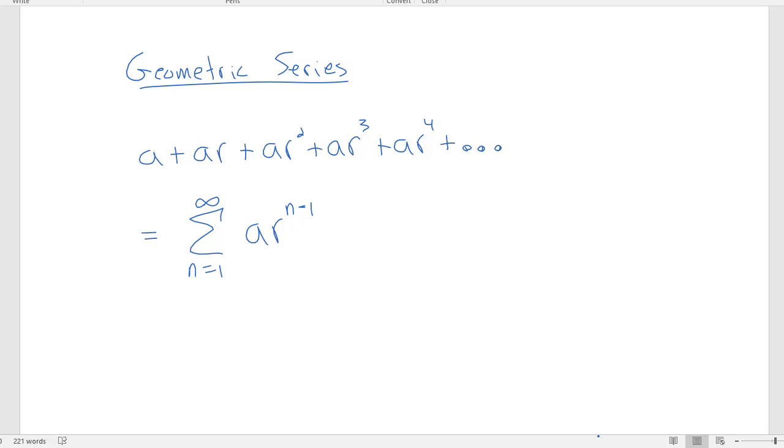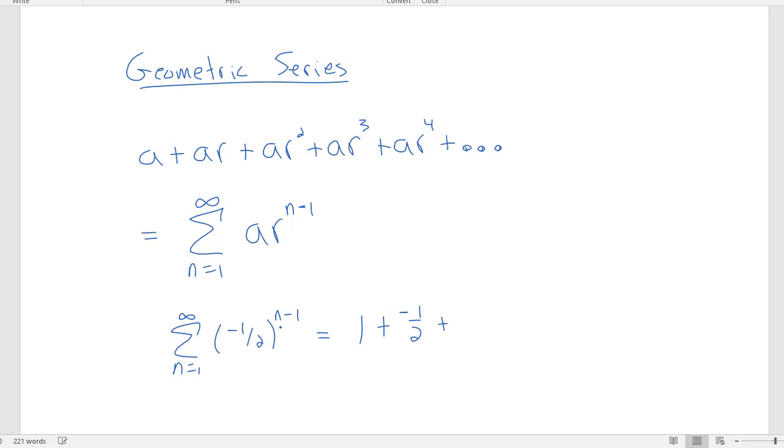Now, as an example, let's look at negative 1/2 to the n minus 1, where n goes from 1 to infinity. When I write these terms out, plugging in n equals 1, I get n minus 1 to the 0, which is 1. Then plus, when n is 2, 2 minus 1 is 1, so I get negative 1/2.